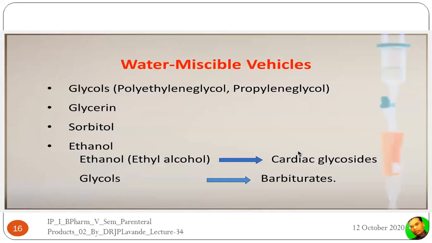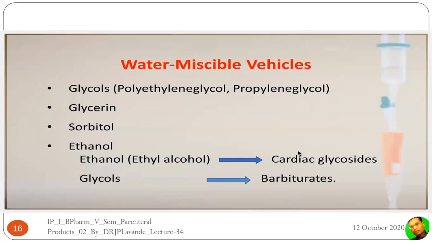Some of the water miscible vehicles that are generally used, which are said to be the co-solvents, are the glycols, like PEG, polyethylene glycol, polypropylene glycol, or propylene glycol. Sometimes glycerin and sorbitol are also used. Now these are used when water is not suitable.